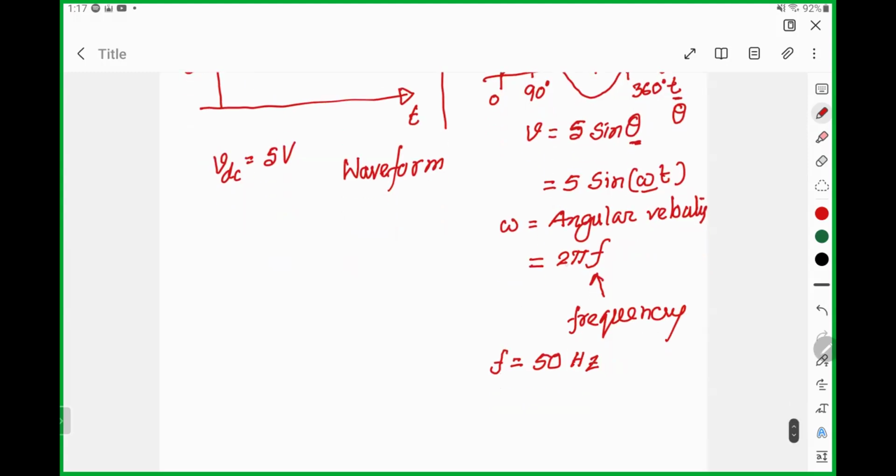And then this would be equal to 2 times 3.14 times 50. That will be 314.